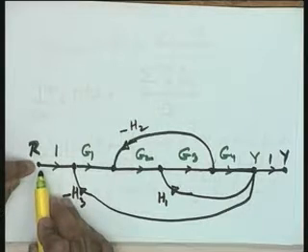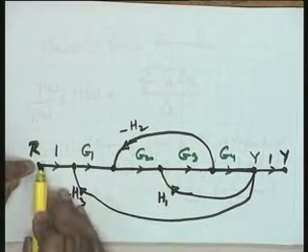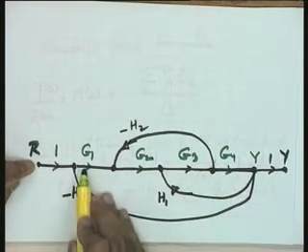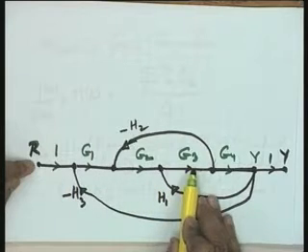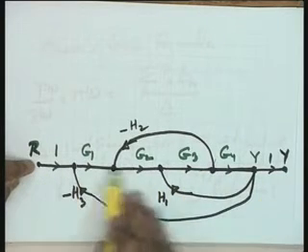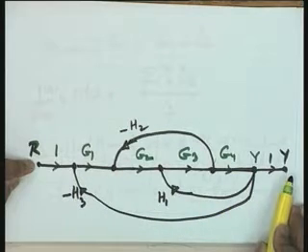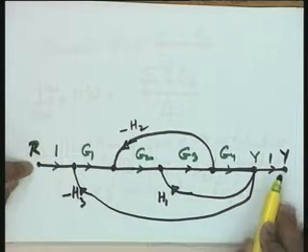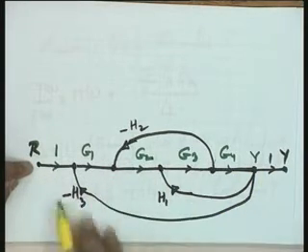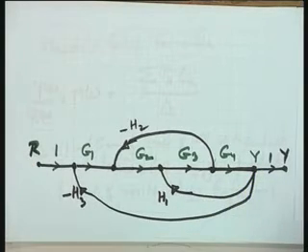So, in this particular case from R to Y, if you travel along this line, G1 into G2 into G3 into G4 is your forward path, and this is the gain of the forward path. And since you cannot go from R to Y through any other route, there is one and only one forward path in this particular case.